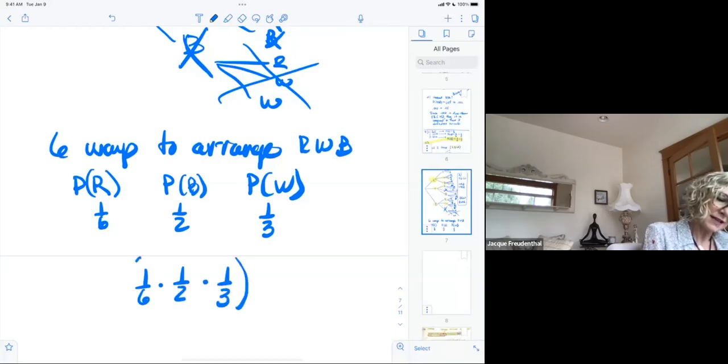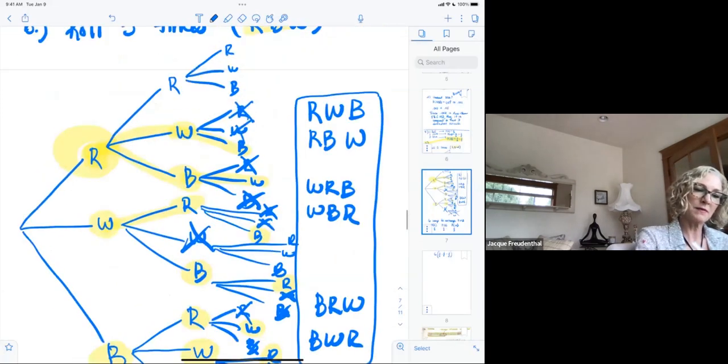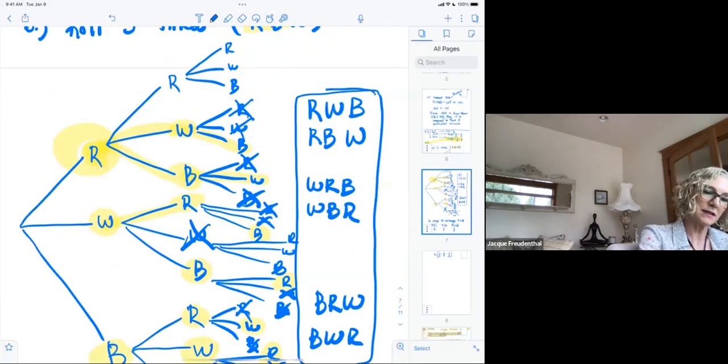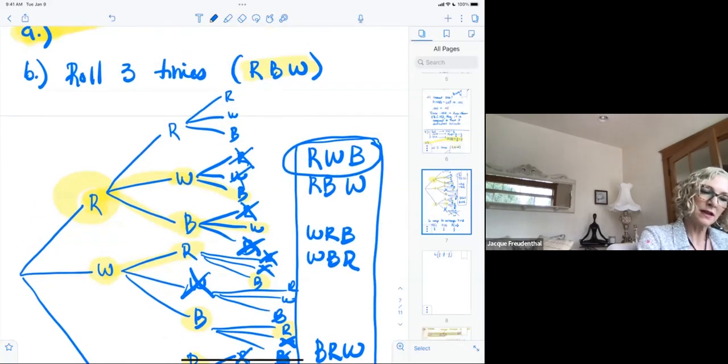And there are 6 ways to do that. Do you understand why I'm multiplying by 6? I know that if I come up to each of these probabilities, red is 1/6, white is 1/3, blue is 1/2. So that's the probability for red, white, blue.